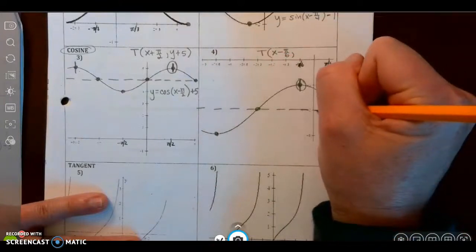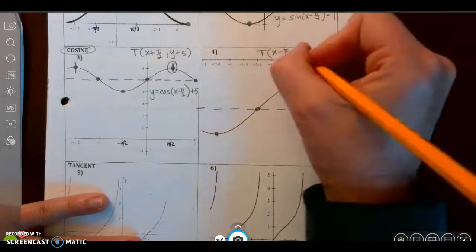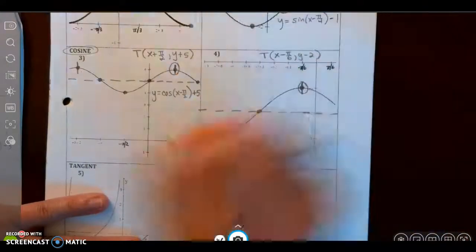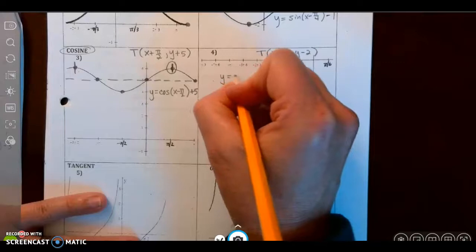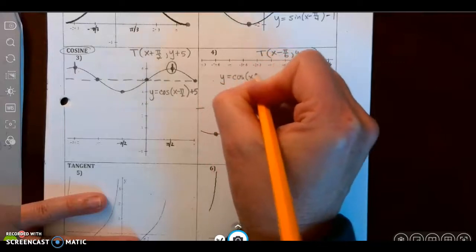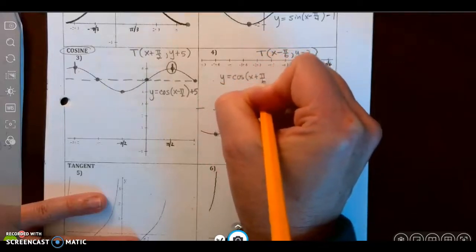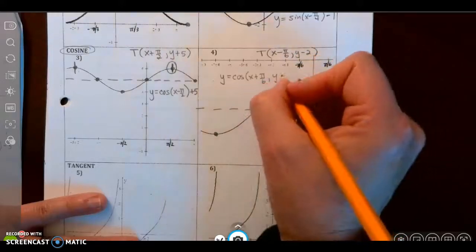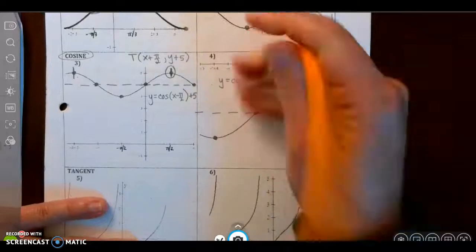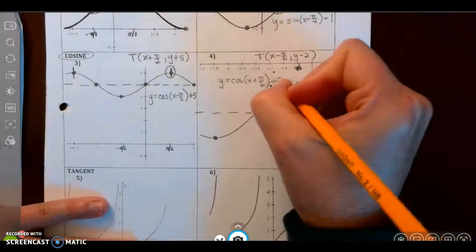And I'm at -2 instead of 0, so y minus 2 for the axis. So my equation is y equals the cosine of x plus pi over 6, minus 2.